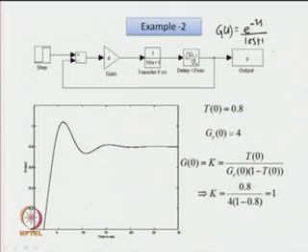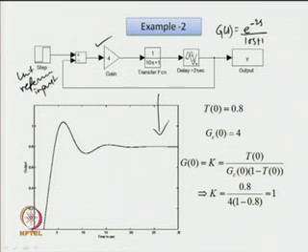Now, again we will not increase the proportional gain; let the gain of the proportional controller be 4. With this gain, when the unit step reference input is applied, the process output is found to be of this form.